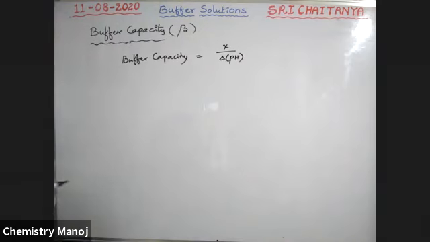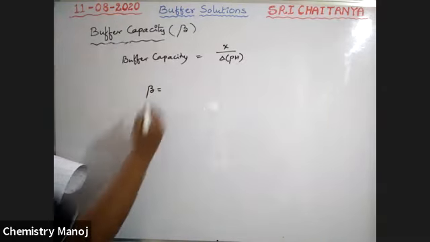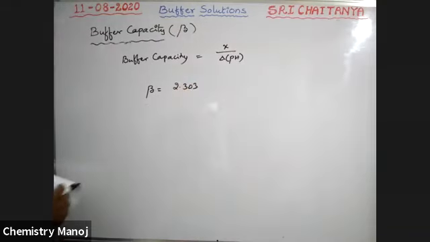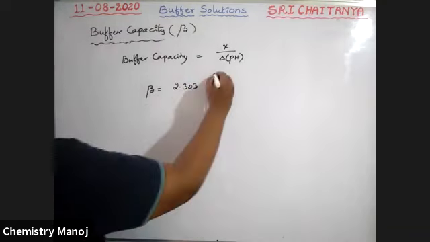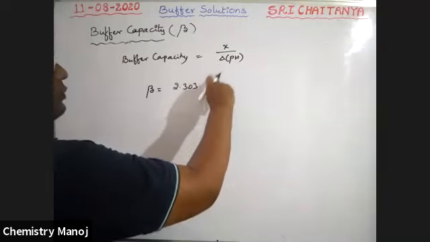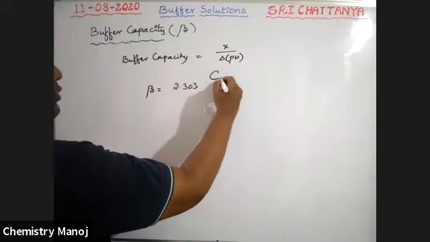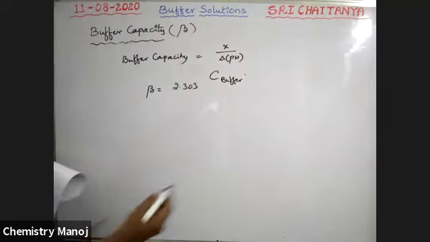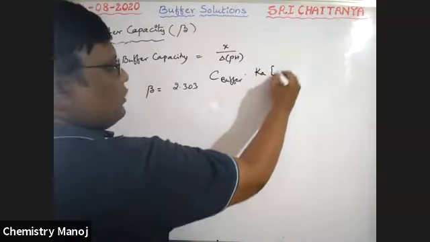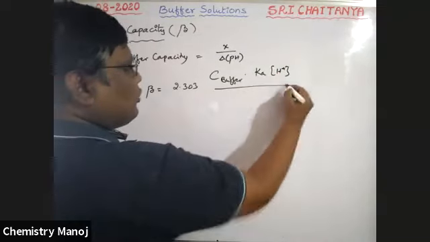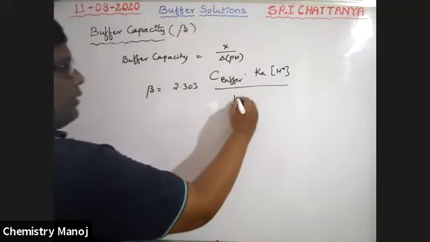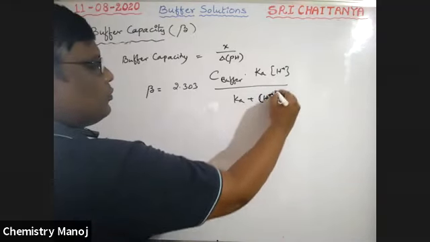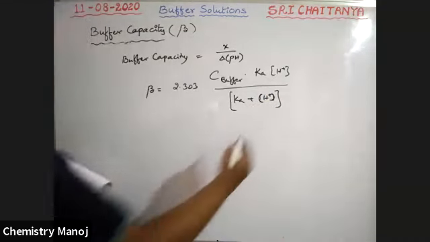Next, also beta is equal to 2.303. No need of derivation, boys. Please try to mind. So concentration of buffer, that is C buffer, into Ka into H plus ion concentration by Ka plus H plus concentration, whole squared.